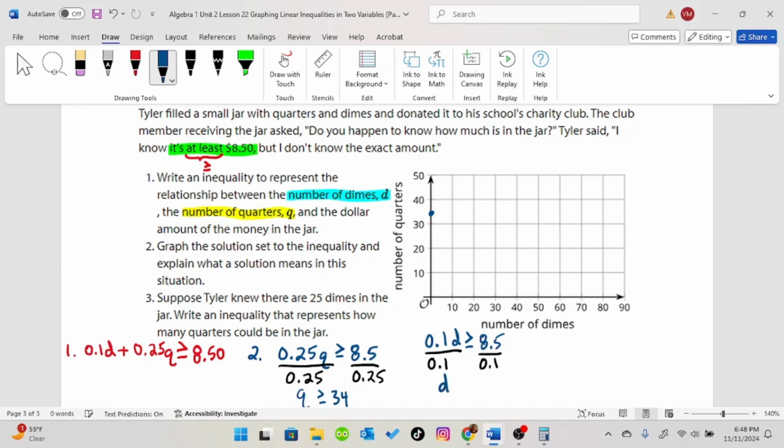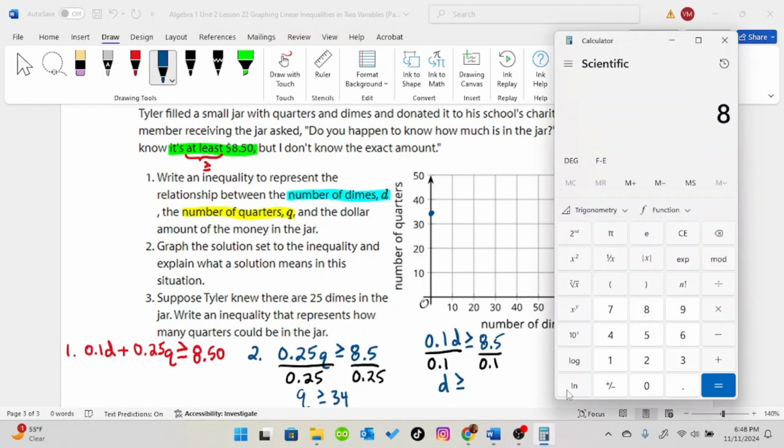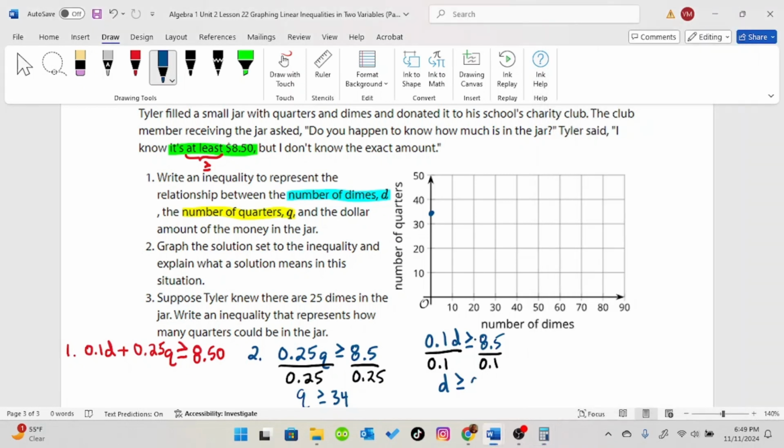This tells us that D must be greater than or equal to 8.5 divided by 0.1, which is 85. So we go to where Q equals 0 and D equals 85, and we put the other point for the D-intercept.